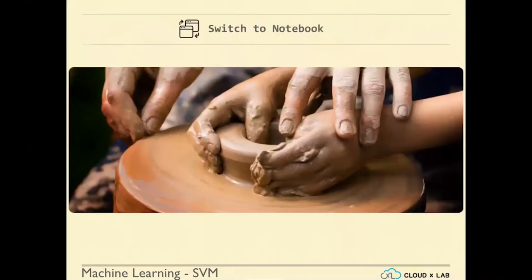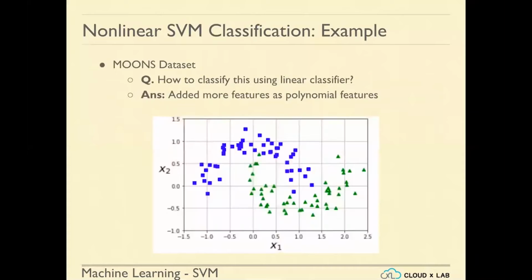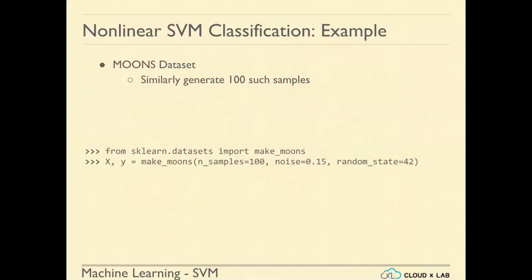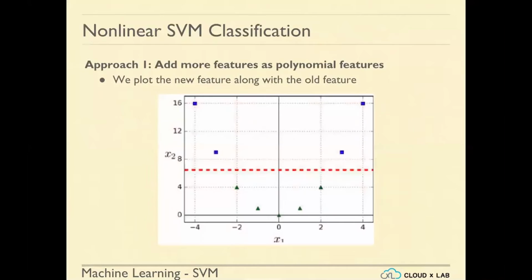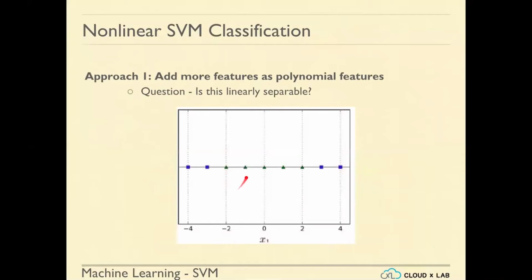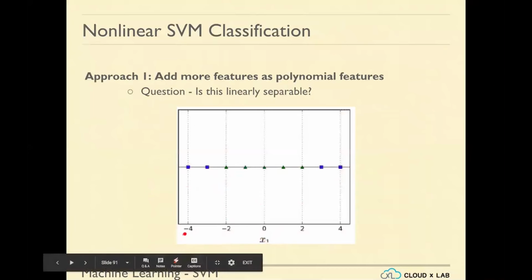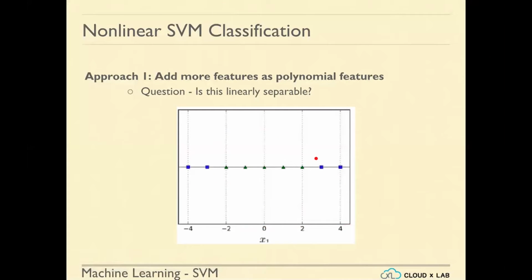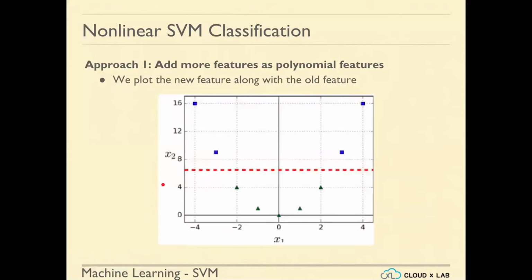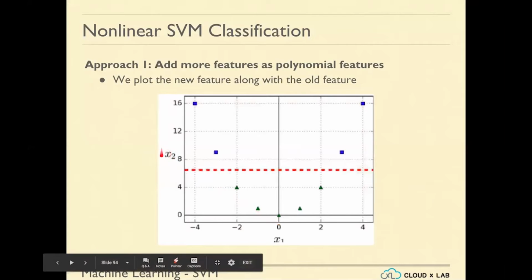Taking the same example as this one, what was happening is that the outcome was rectangle here, then triangle, then rectangle. So though the value of x has been changing, the value suddenly appears here. So we came up with a different set of features, x2, where we just squared x1.